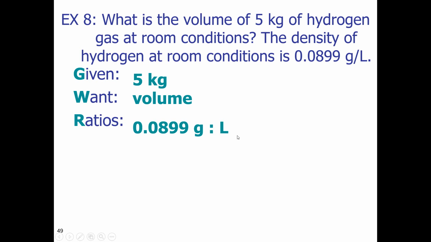Now, when I'm trying to make sure I have all the ratios that will help me get from my given to my want, I realize that I have grams here and kilograms here, and I realize there's a connection there. There are 1,000 grams per kilogram. But the other thing that you might be wondering is, volume is not a unit.